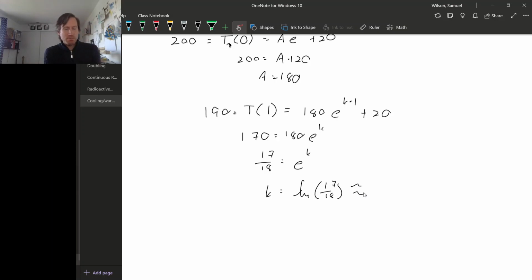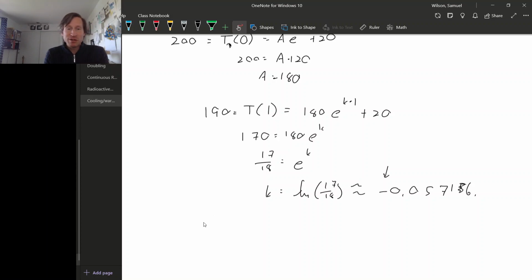and that is about negative 0.05716. Again, this is negative because we have exponential decay, right? The temperature of the object is decaying towards the temperature of the environment and not exponentially growing away from the temperature of the environment.